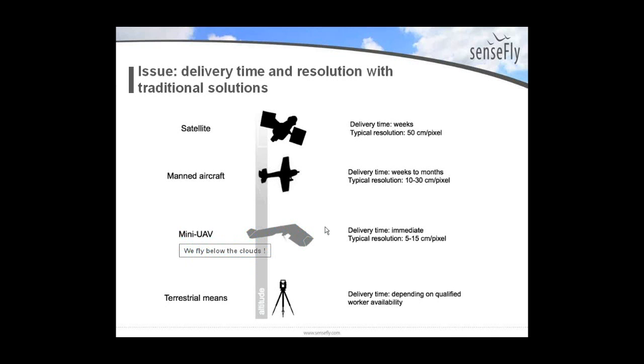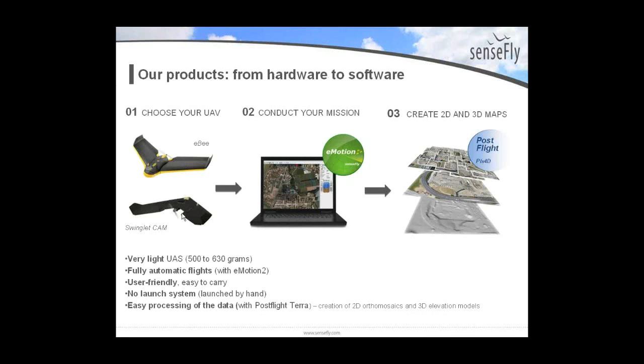So here's our products. You choose your UAV, either an eBee or a Swinglet. You conduct your mission, and then after the mission, you post-process in the software. So you can actually go out and fly your mission and have your data by the end of the day. The eBee is very light, weighs less than 2 pounds. It's fully automatic on the flights with the eMotion 2 software.